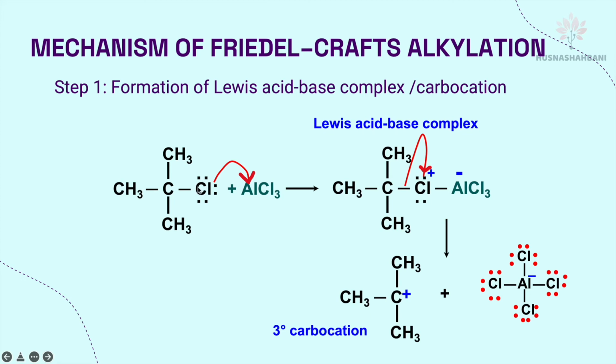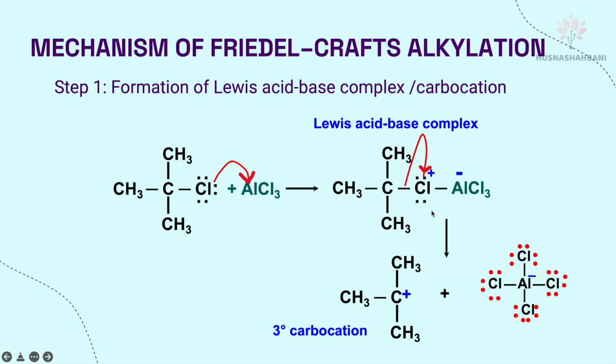Start with the halogen in the alkyl halide, which uses a lone pair of 2 electrons to form a bond with Al, because we know this Al has 3 bonds only, an incomplete octet. This makes Al the electrophilic site and Cl the nucleophilic site. So the nucleophile attacks the electrophile: this nucleophilic site Cl uses a lone pair of electrons to form a bond with Al. And this is the Lewis acid-base complex.